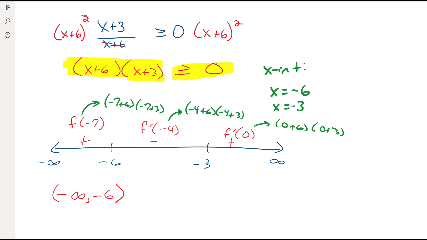But the reason why the -6 is in parentheses is because we cannot include it. It's not part of our domain. Union with, where else are we positive? We're positive from -3 up to +infinity. And this time -3 gets a bracket because it equals 0, right? We want greater than or equal to 0. We want positive. And -3 is part of our domain.